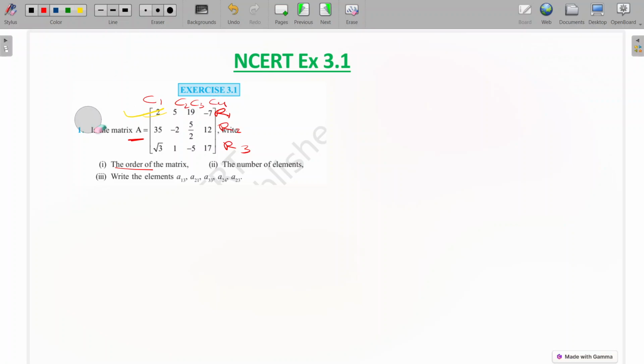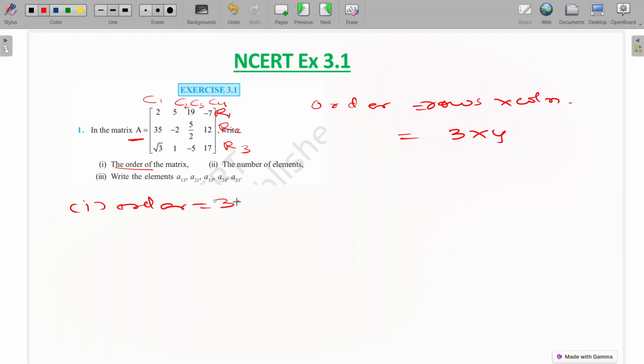So the order of the matrix is equal to the number of rows into columns. So it will be 3 into 4. So the first answer is order equals 3 into 4.